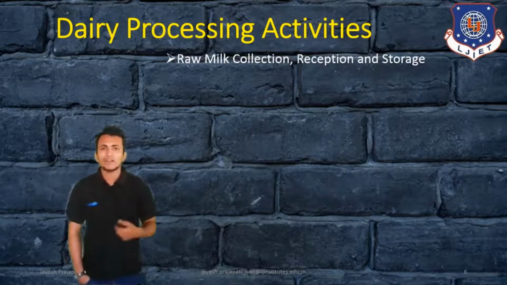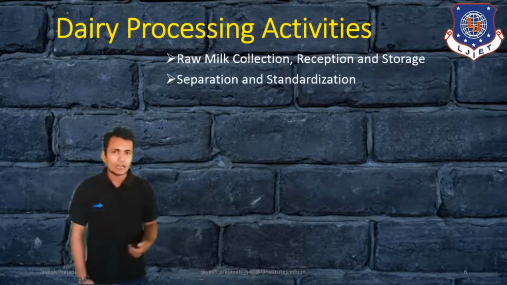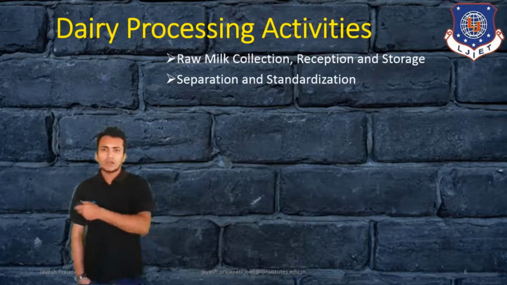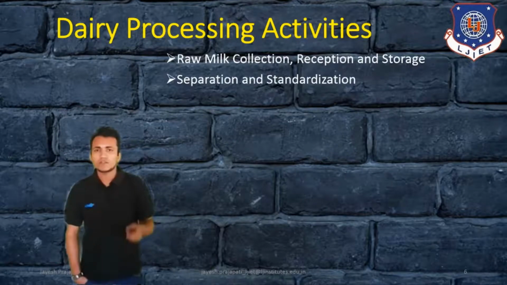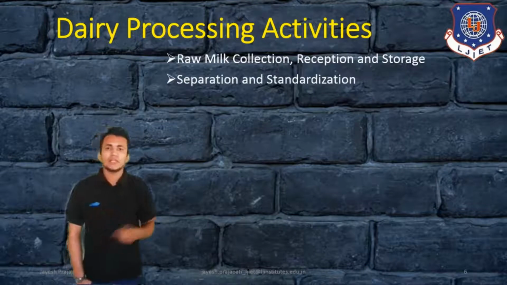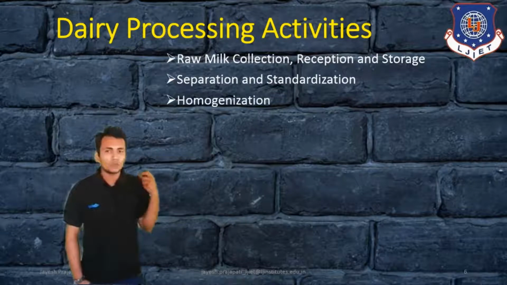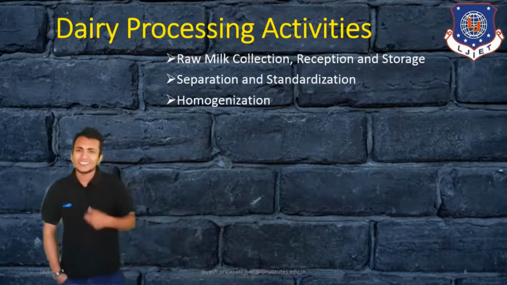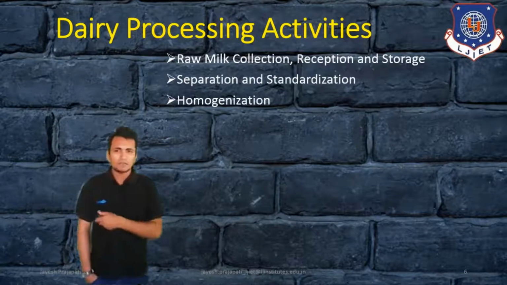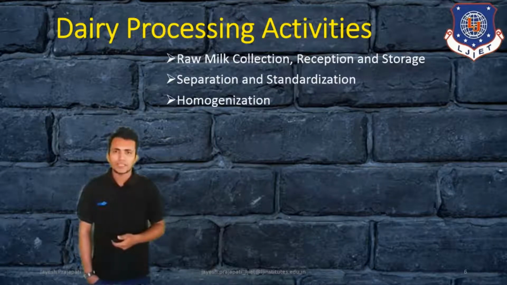Then separation and standardization, which means we separate the cream from the milk, and do standardization. Then homogenization, in which we heat the milk to some degrees and separate it from the other nutrients.